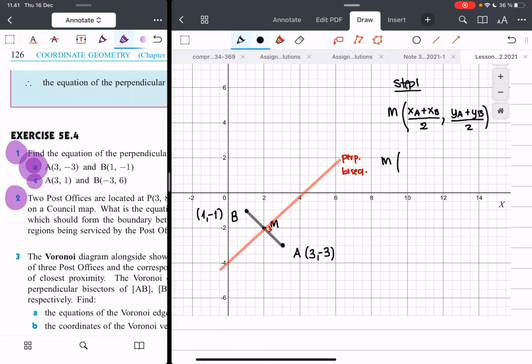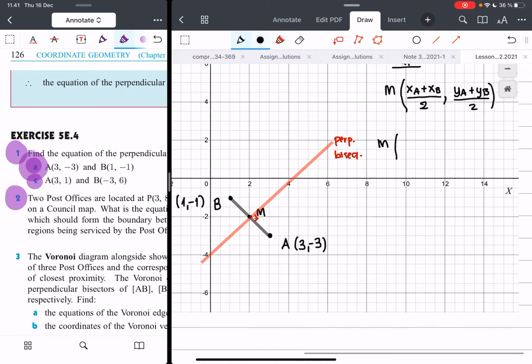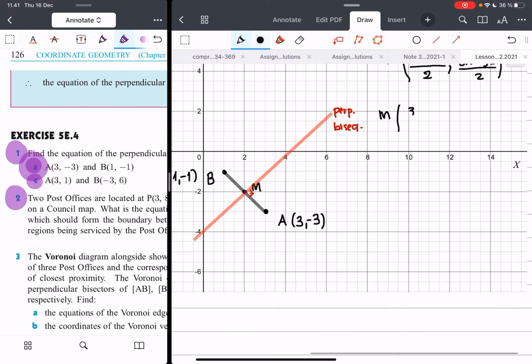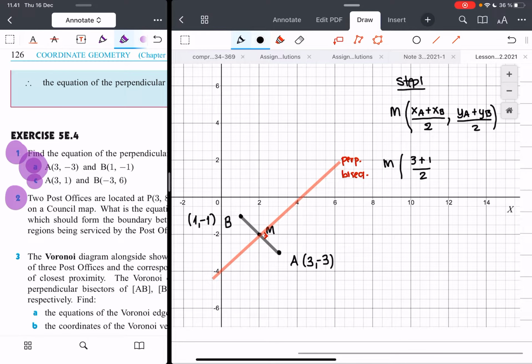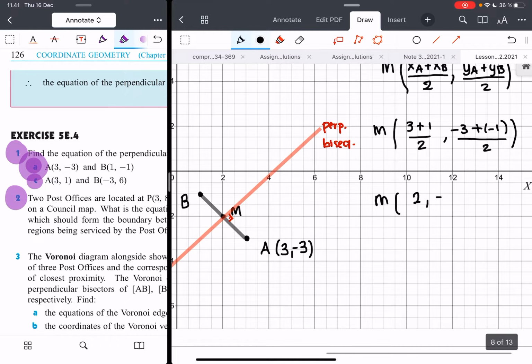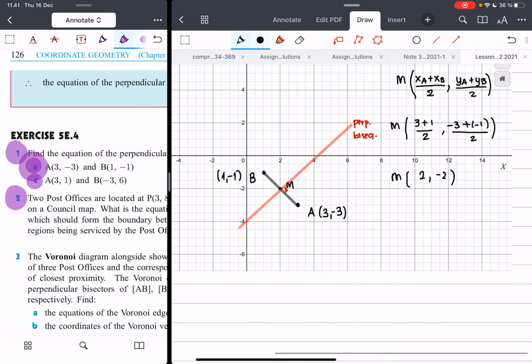Here, you have 3 plus 1 divided by 2, because the xa is 3, the xb is 1, and the y coordinates: -3 plus the -1, and then you divide by 2. So the midpoint here has coordinates (2, -2). And you can exactly see it here, (2, -2).